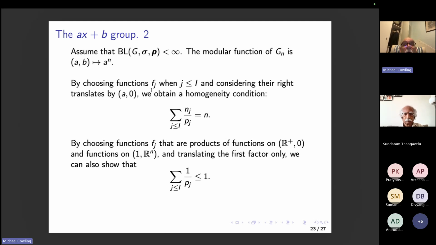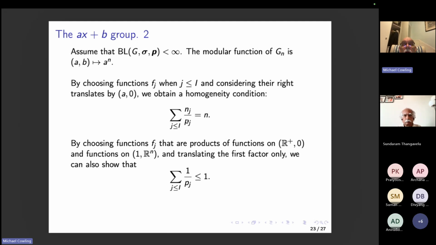And on the other hand, when I look at the right translates and look at the LP norms that are involved, I get a different power which depends on the dimension of the Rn part, and then it's also divided by p, because I'm in a Lebesgue space LP.